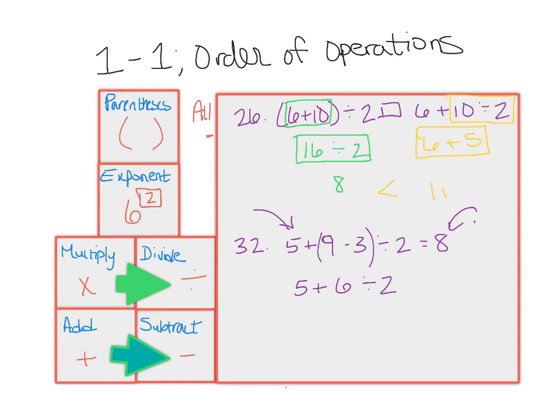Well, 6 divided by 2 works, right? You can divide those. So you can look at these and be like, okay, that's the next step, division. 5 plus 3 equals 8. 8 equals 8. And those check out. So that is where you would want your parentheses.